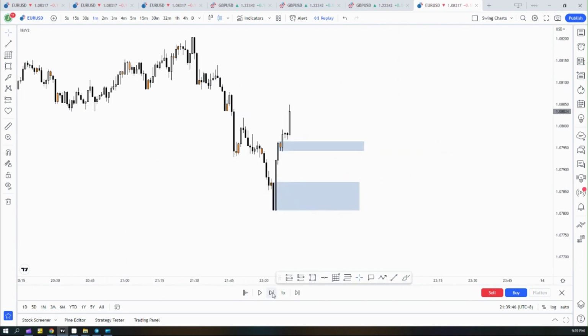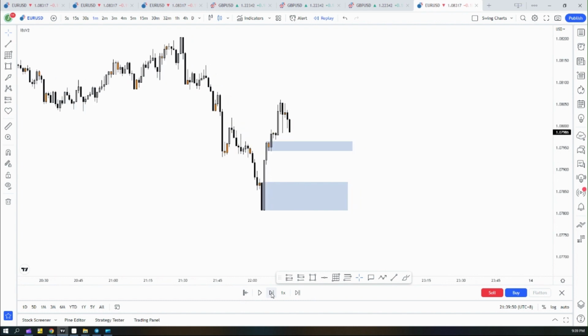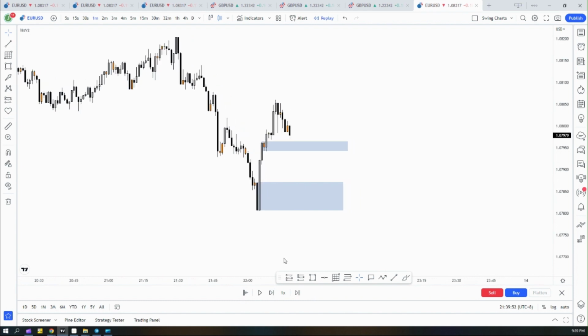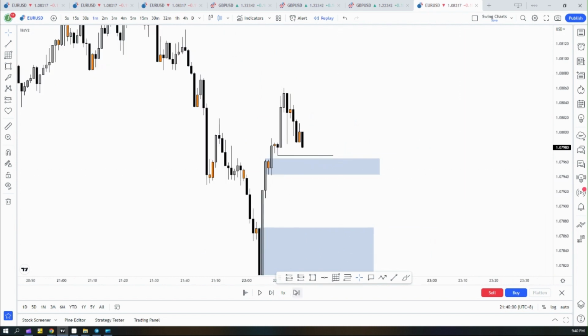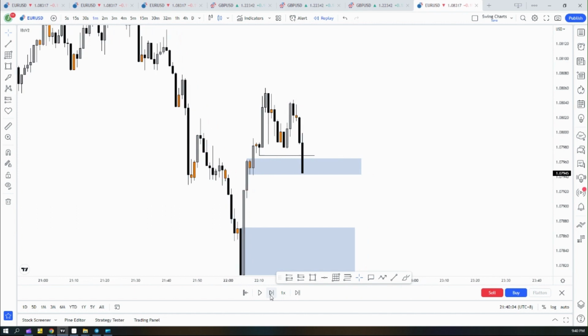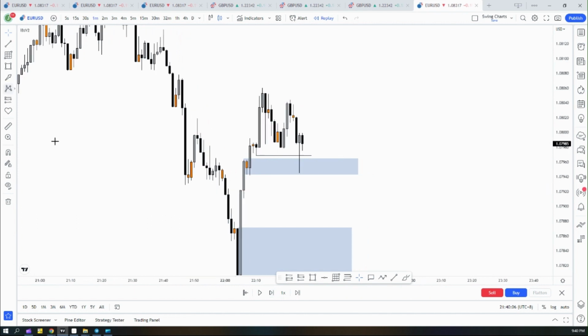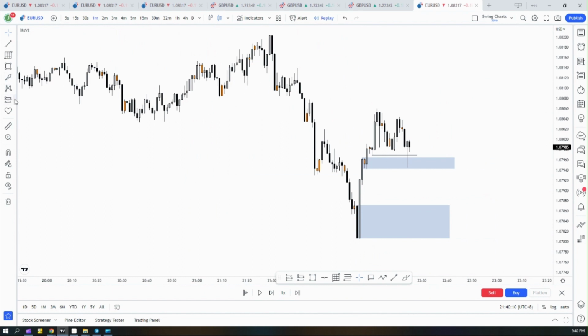So let's see what happens. And obviously this level here, we've got just above as a nice bit of inducement. So if we tap in here and give a favorable reaction, just like that, perfect, a nice, beautiful reaction on that lower time frame, just what we want to see.